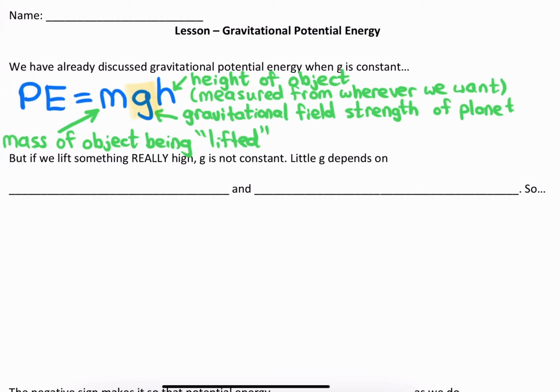So the problem we're running into here is that little g depends on the mass of the planet and the height of the object, or how far we are from the planet's center.